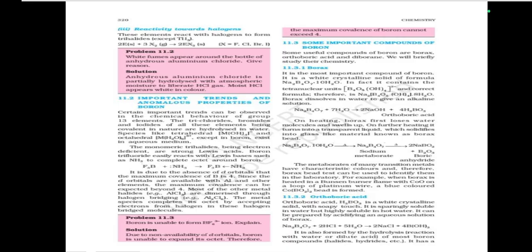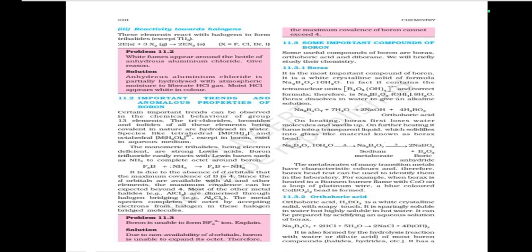The d orbitals are available with aluminum and other elements, so the maximum covalence can be expected beyond 4. Most of the other metal halides, MCl3, are dimerized through halogen bridging, like Al2Cl6.